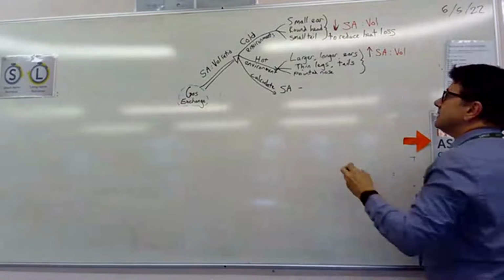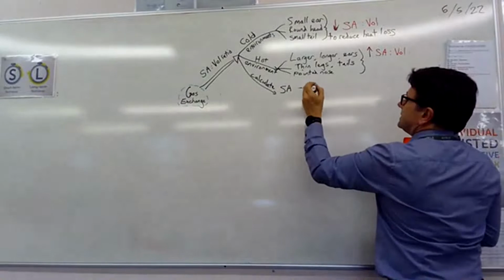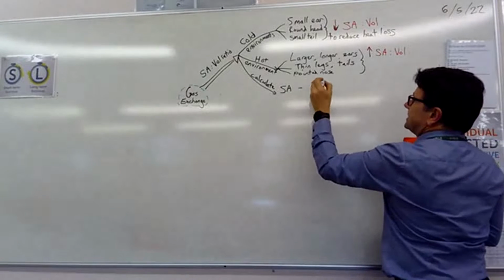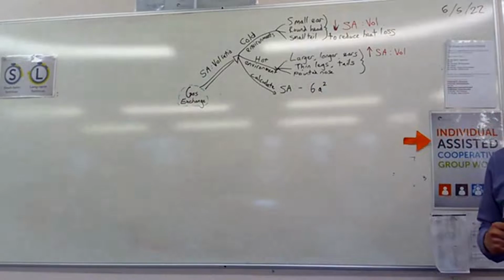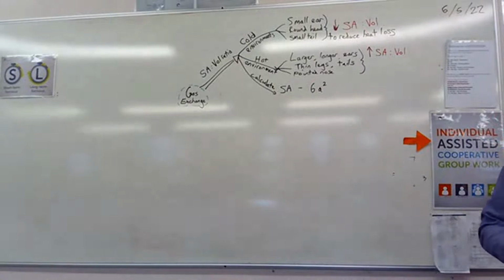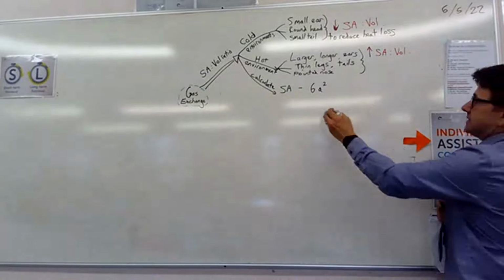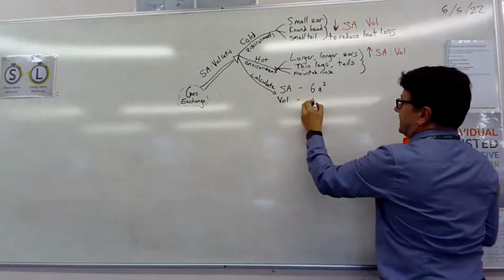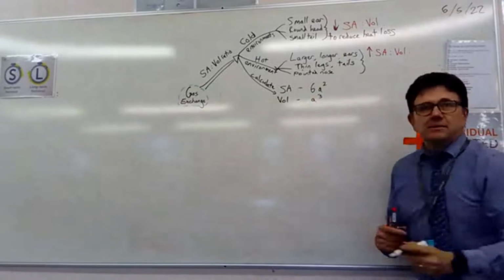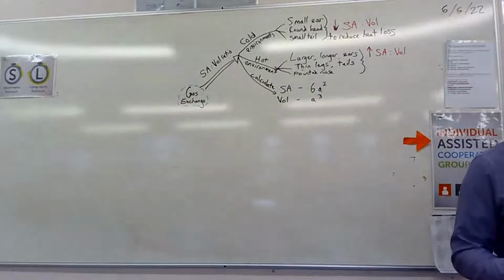So it's 6a squared, basically. Is that correct? Yeah. For a cube, I think it is 6a squared. Okay, so a is the distance. I can't remember. I should have double checked this. I don't think volume is a cubed, so 2 times 2 times 2 or whatever.